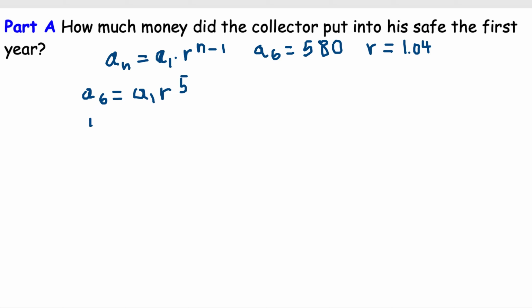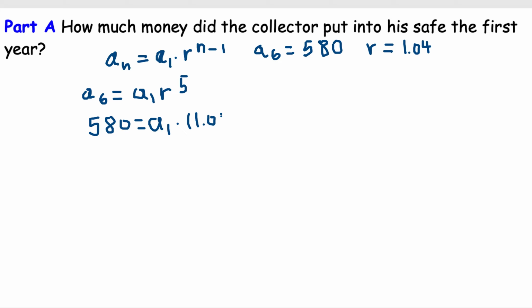A6 is 580, so let me plug in 580 instead of the sixth term, and it is equal to A1. We are looking to find how much money he put in the first year. So this is A1, the first term, times the common ratio 1.04 in exponent 5.